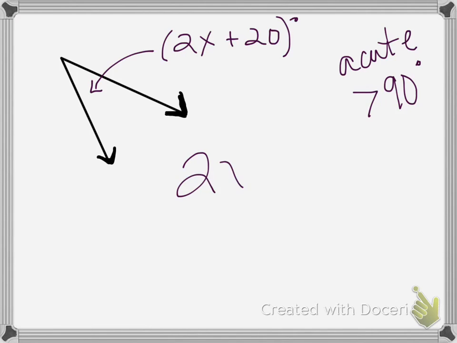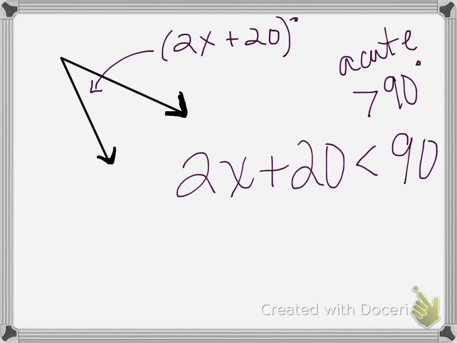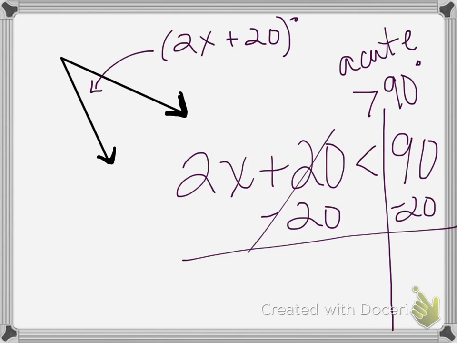So 2x plus 20 is less than 90 degrees. Here we go with the equations again, except it's an inequality, not an equation. Left side, right side, minus 20, minus 20, and I get 2x less than 70.